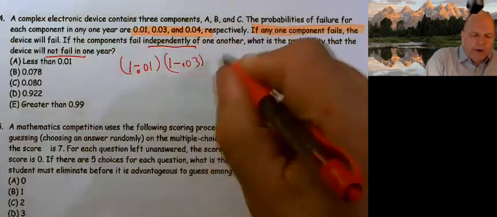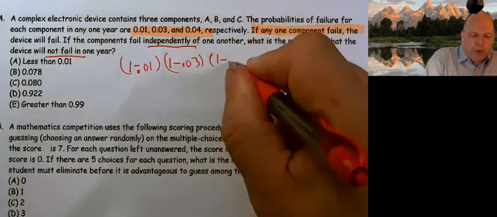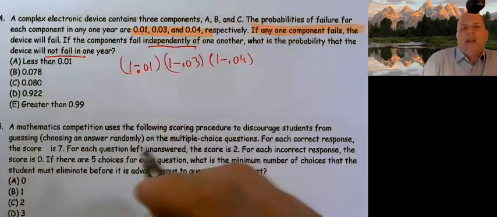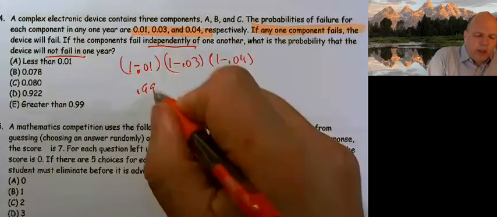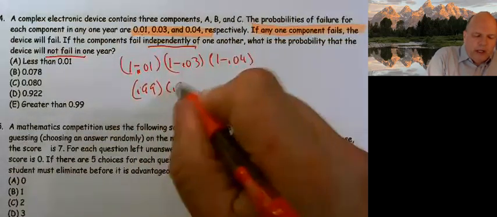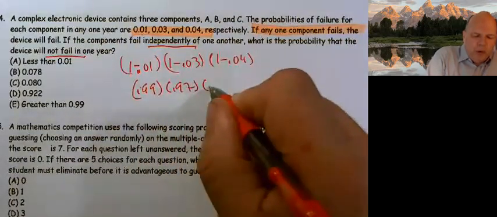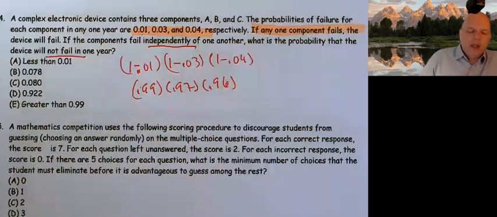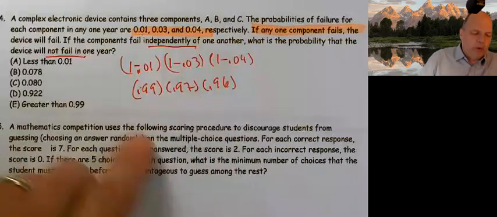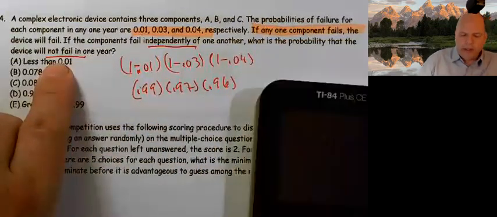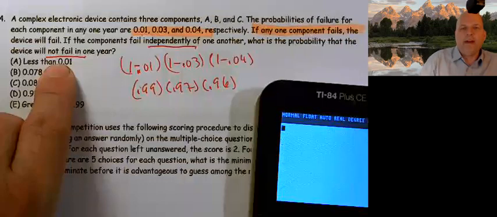And the probability the third one doesn't fail is 1 minus 0.04. Now, they told me they were independent, so I can multiply them. So this is basically 0.99 times 0.97 times 0.96. That's the probability of not failing, and not failing, and not failing. And that's what they wanted. They wanted the probability that the device will not fail.